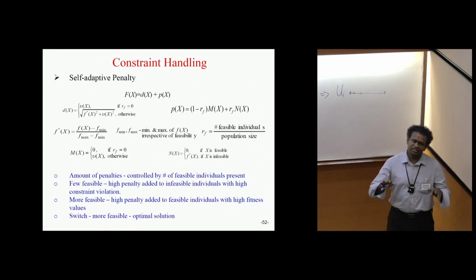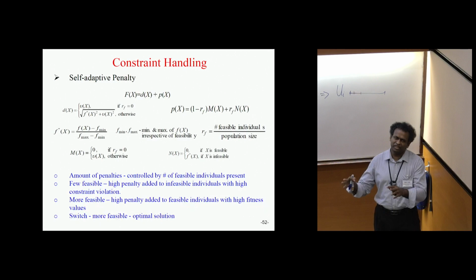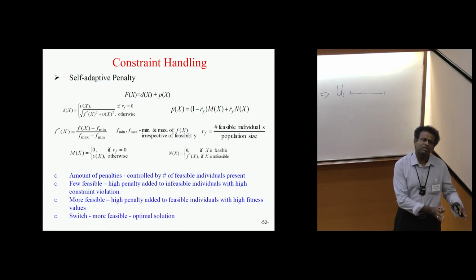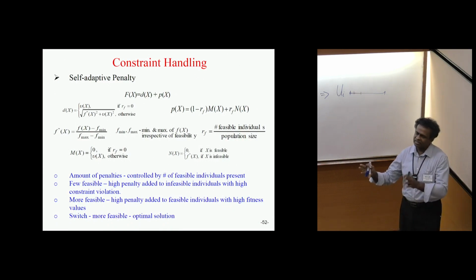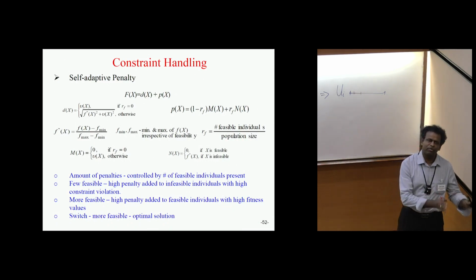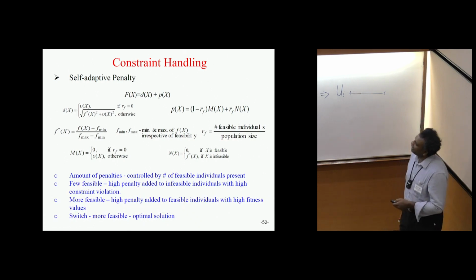So your objective is changing from identifying some feasible solution first and then moving into improving the objective. The feasibility satisfaction comes first and then improving the objective comes later. So that is a self-adaptive penalty. So, switch from feasibility to optimality.